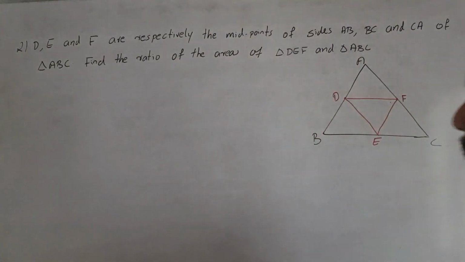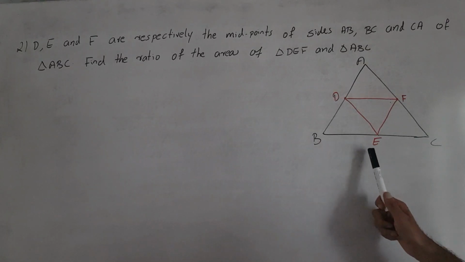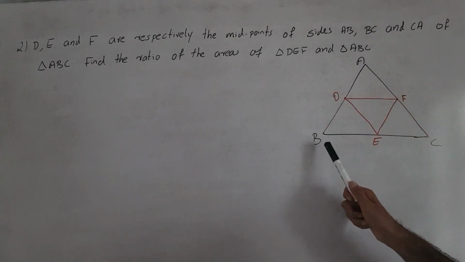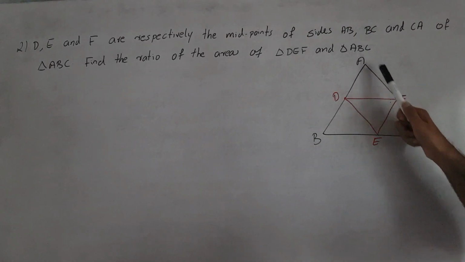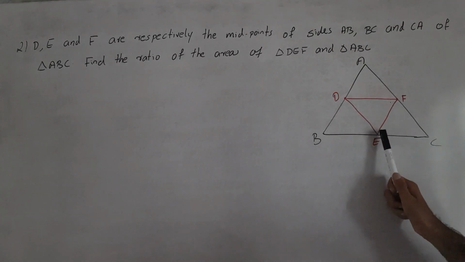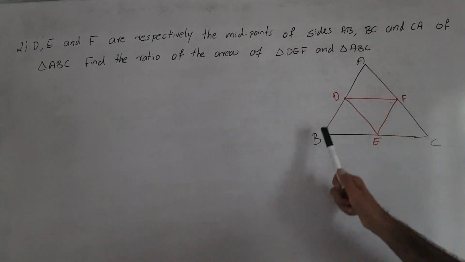Then what is given? ABC is a triangle. D, E and F are the midpoints of sides AB, BC and AC. Find the ratio of the areas of triangle DEF and triangle ABC.